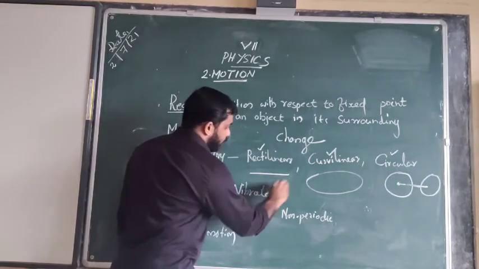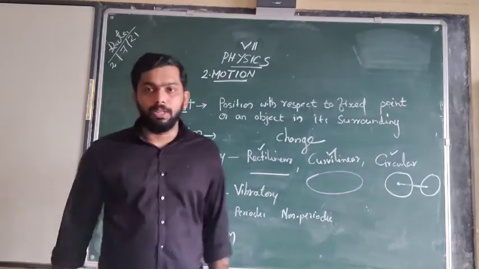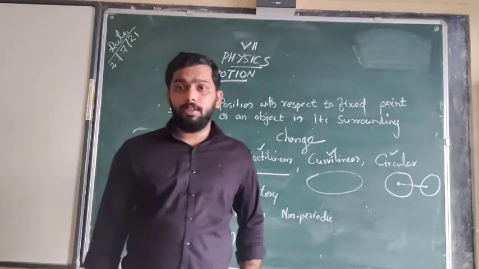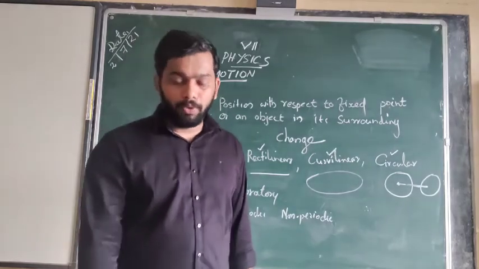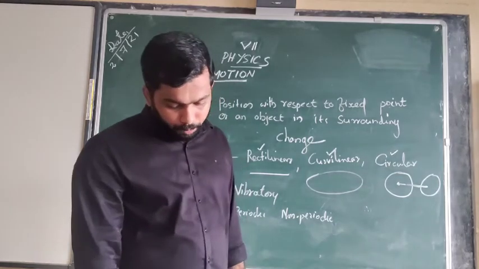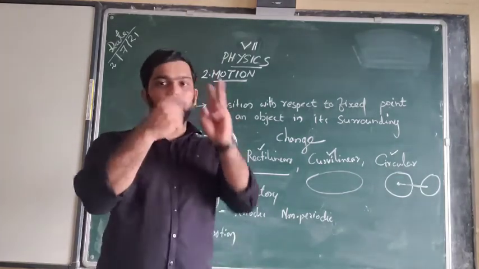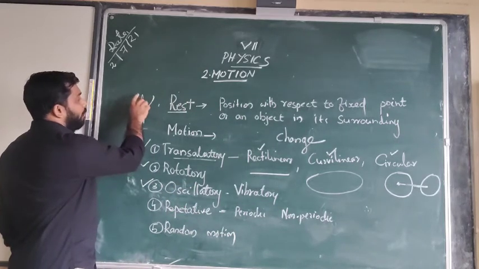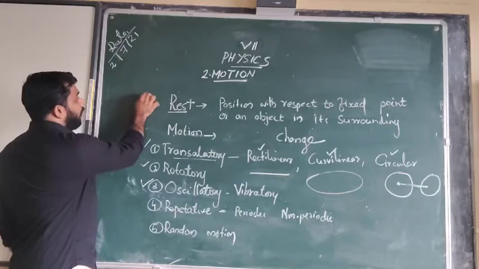What is vibratory motion? For example, you can see the tuning fork on page number 20, figure 2.11. The arms of the tuning fork are Y shaped, and if you hammer it here, it will just be vibrating.